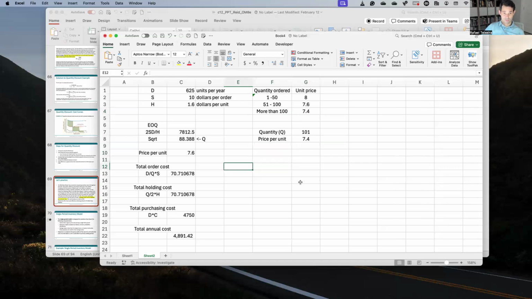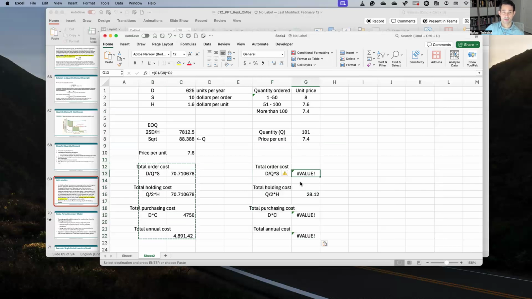Let me see if I can copy this to save some time. All right, let's do it. This is going to be equal to the annual demand divided by this new quantity times my cost to place orders.